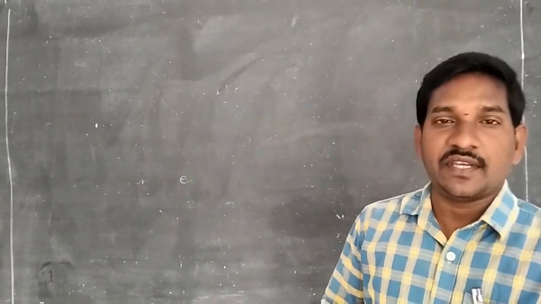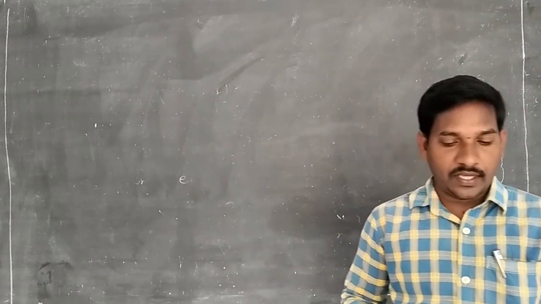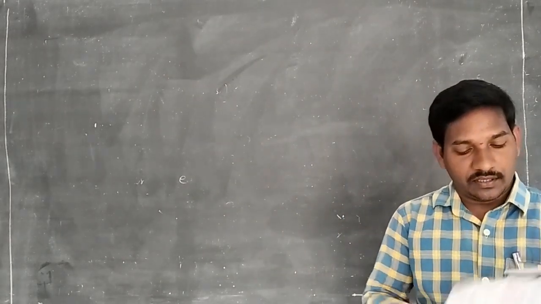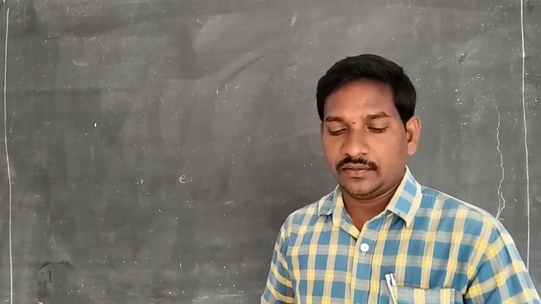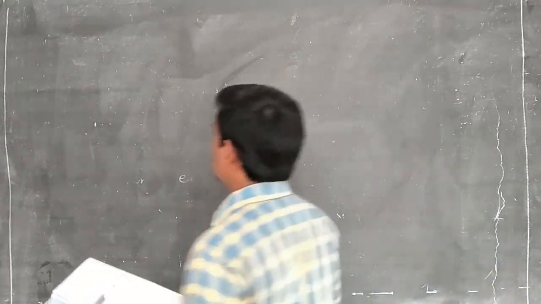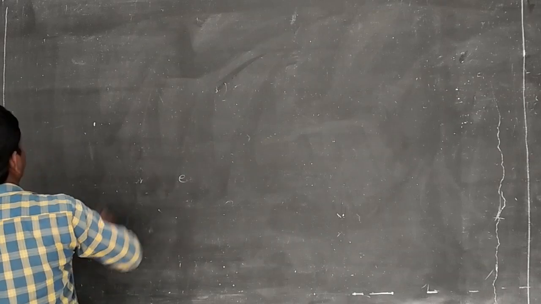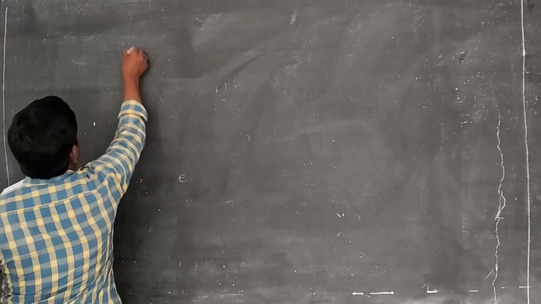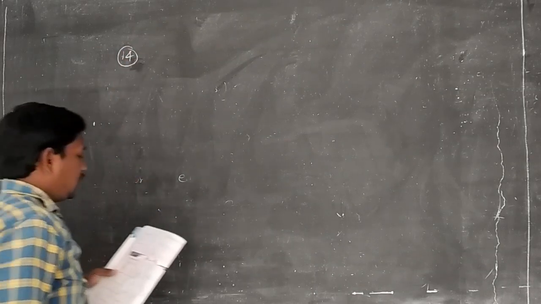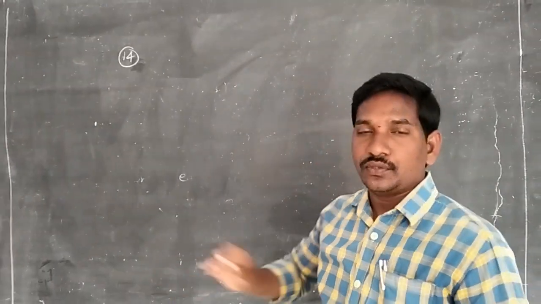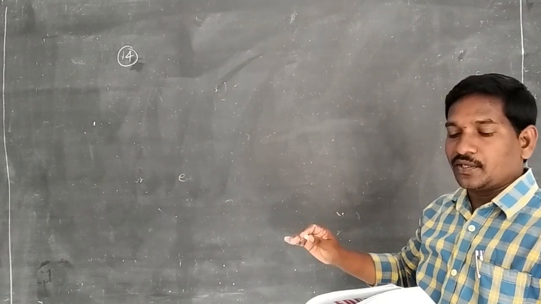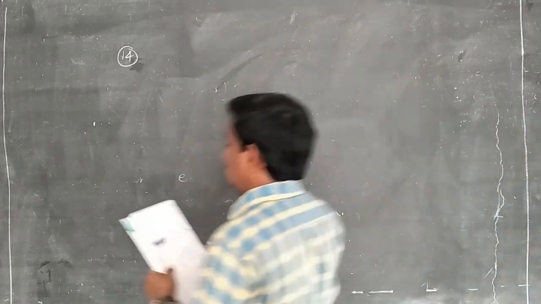In the previous class, we discussed Handsheet 1 up to some lessons. Now, the 14th question. We learned ascending order and descending order, how to arrange in ascending order and descending order.